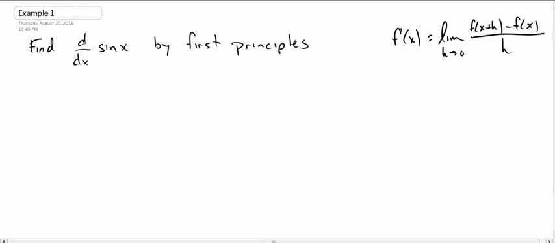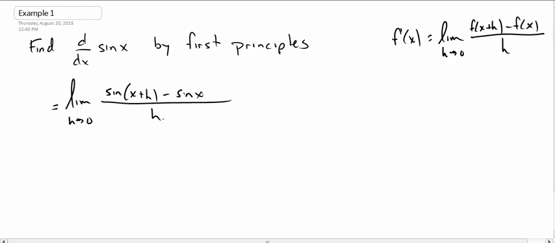Remember this thing? It's the definition of our derivative. So, if I want this derivative, I need to do the limit as h goes to 0 of (sine of x plus h minus sine x) all over h.